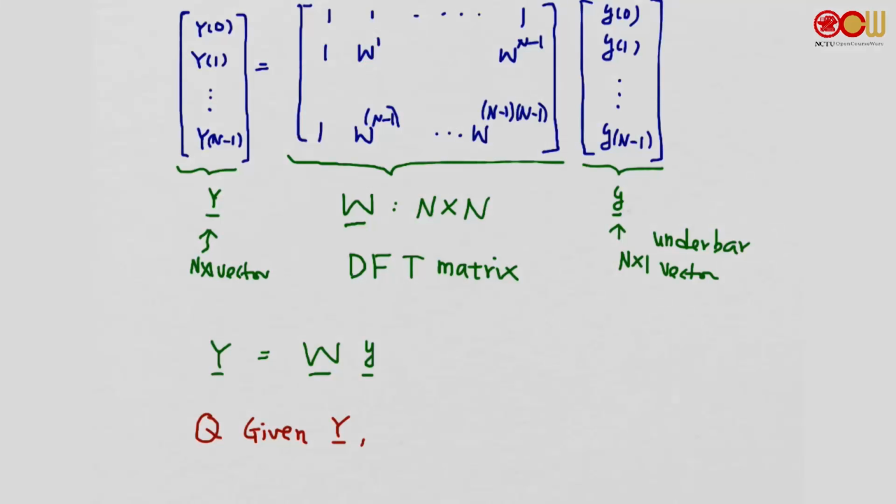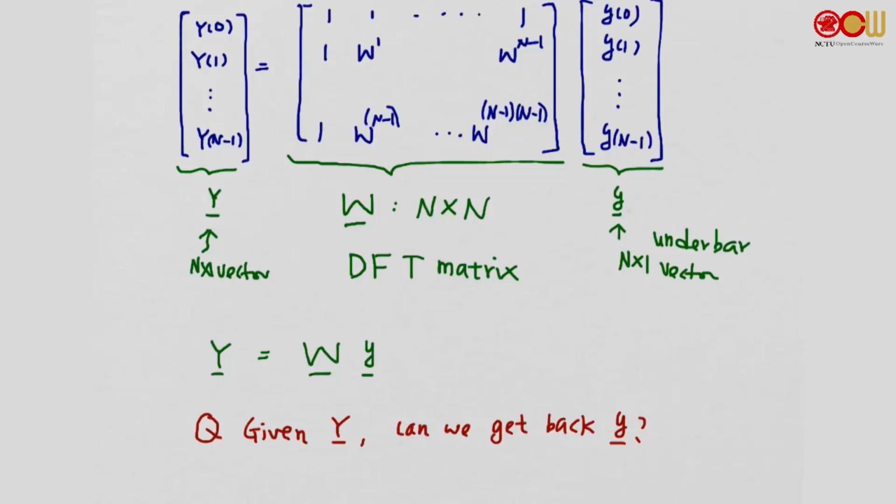In this notation, big Y equal to W times small y, the question can be recast as: given the big Y vector, an n by 1 vector, can we get back small y?